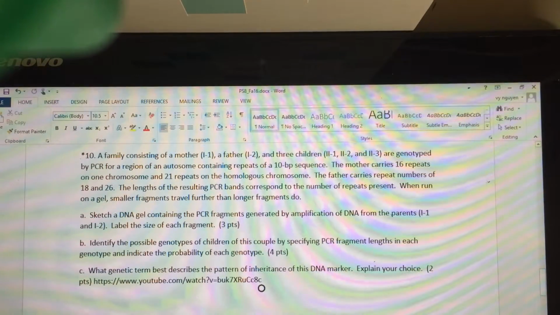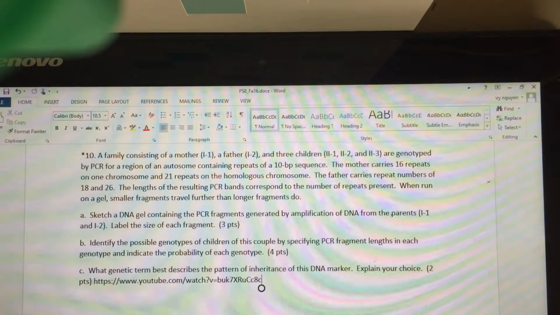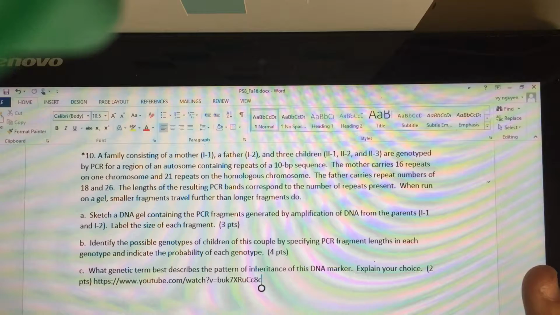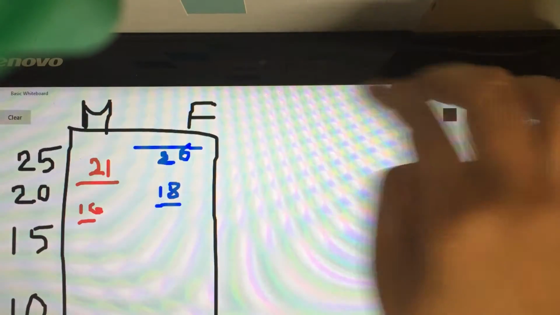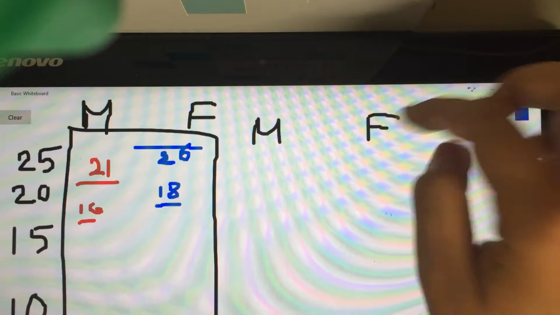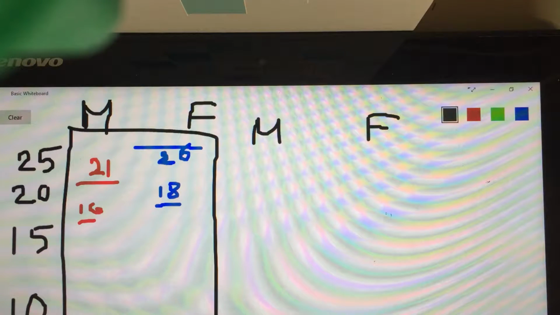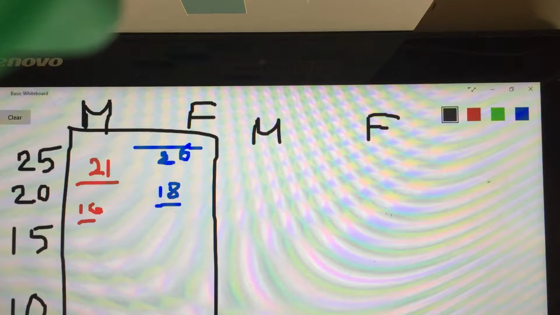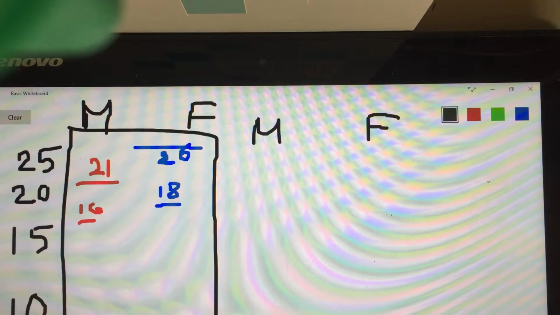And for B, identify the possible genotypes of children of this couple by specifying piece or fragment lengths in each genotype and indicate the probability of each genotype. Okay, so for mom, as I explained, the 16 repeats and the 21 repeats are allelic to one another.